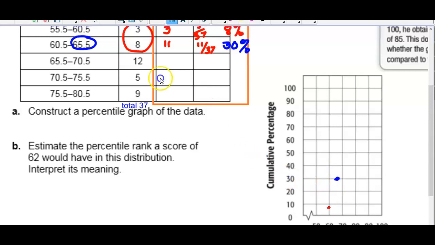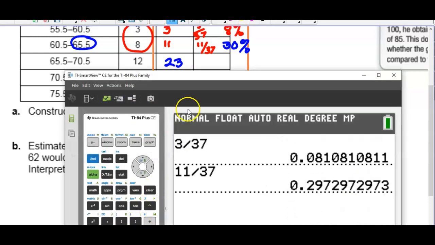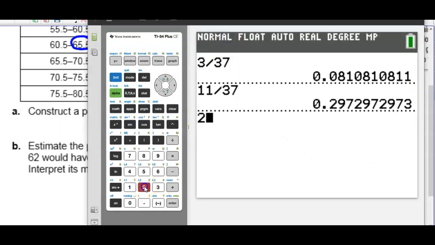All right. If I add 12, I am up to 23 students. If I add 5, I'm up to 28. If I add 9, I'm up to 37. So this would be 100%. But 28 out of 37 and 23 out of 37, I need to calculate here.